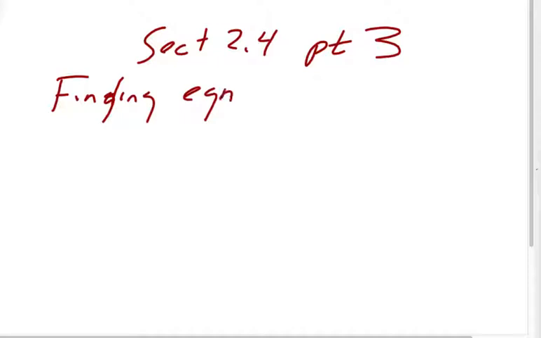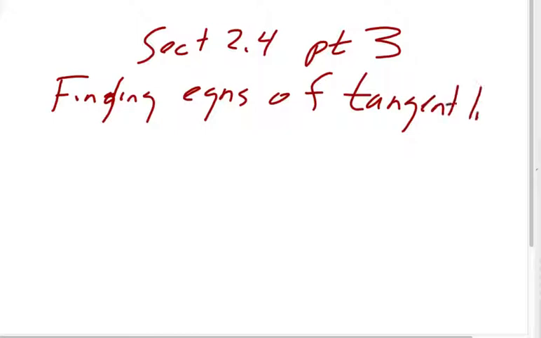equations of tangent lines, which we've done before. Only now we're going to have chain rule and product rule and quotient rule and everything else all mixed in, all in the mix. So finding equations of tangent lines.